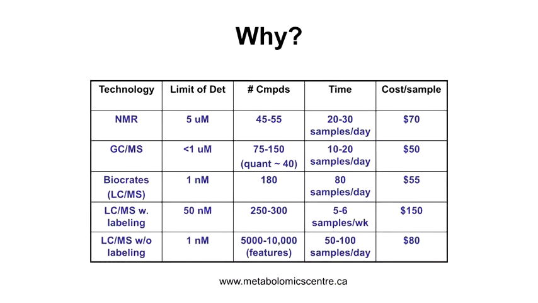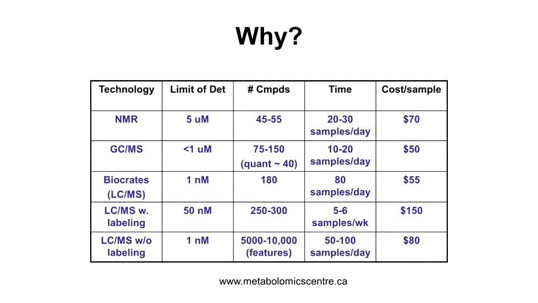In terms of manual analysis, most people are content if they can analyze about 20 samples a day by NMR. But with MS methods, it's not unusual to get up to 80 or 100 or even 200 samples a day. And because there's a lot of manual intervention with NMR, the costs per sample are relatively high. It's not a whole lot cheaper than the other technologies.